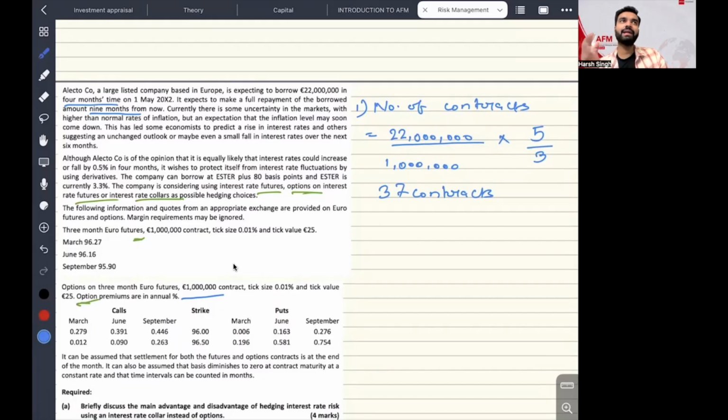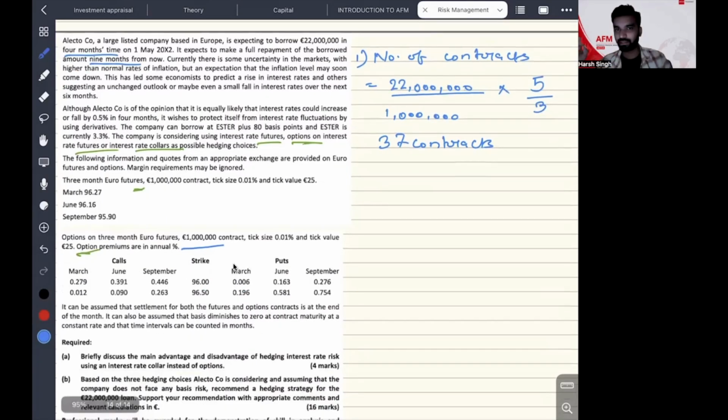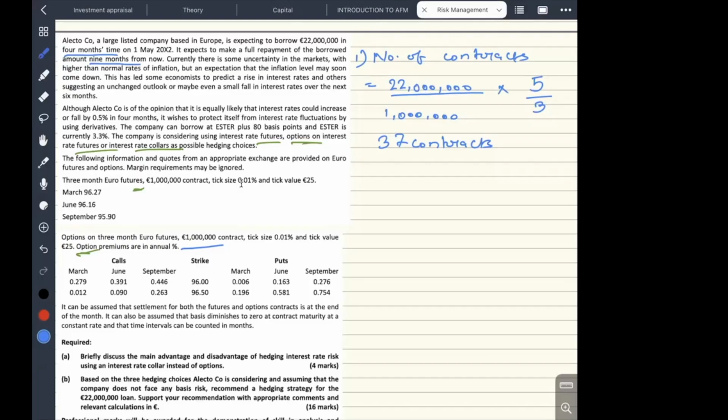If I take a little less over here, I'm not playing with the unhedged risk concept. Over there I had an unhedged risk. Now over here I'm not doing that. That is why we'll take up an extra. 36.6 I'll convert into 37 contracts because I don't want to use that unhedged risk. Okay. So the number of contracts is 37.